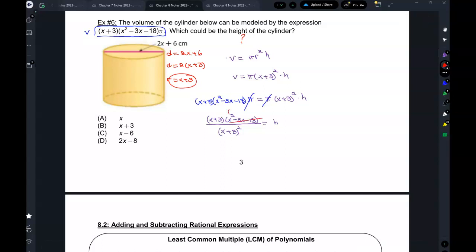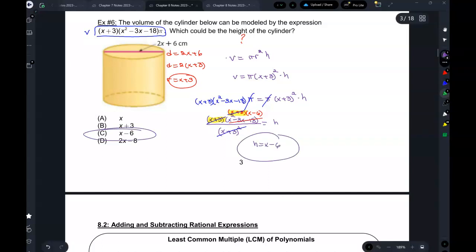What do you get when you factor? X plus, right? Thank you. So now, look at this. X plus 3 and x plus 3 together is x plus 3 squared. That cancels with the denominator. So h is x minus 6. All right?